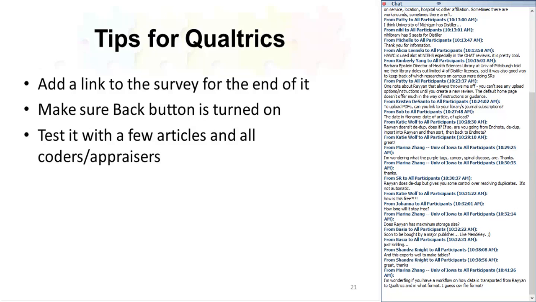Because I don't need to then, in the coding form, also put in the year and page number and all of that, because I still already have all that information. But usually it's a good idea to have some kind of way of easily identifying that article other than the title, and usually I assign it a number. And so using Excel, you can always match those back up again. So hope that answers your question.